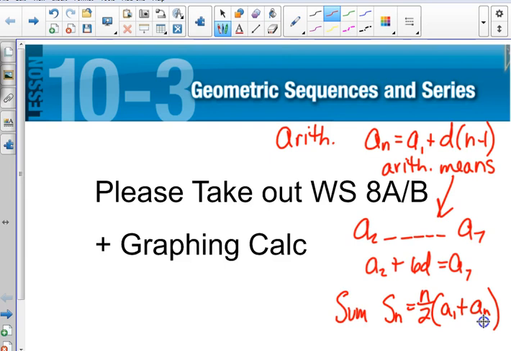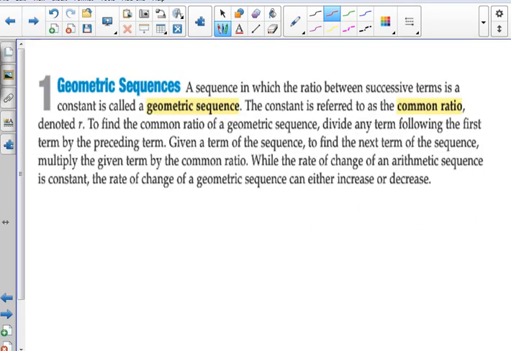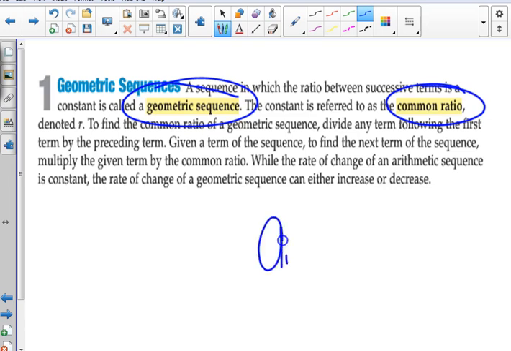And guess what? All the formulas are different. All right? Well, it's not that bad because we already know some of them are going to be on the quiz. Geometric sequence means they have a common ratio. So anybody remember the explicit form that'll be on the quiz?